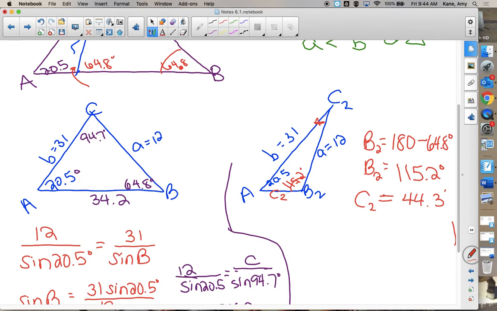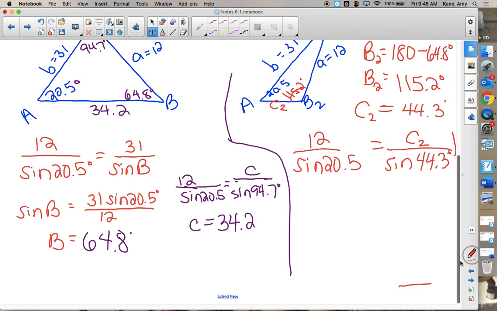So the last thing that we need to find is side C2, and I'm going to go through it really quickly. In order to find that, we need to take the initial side, 12 over the sine of 20.5. Place that equal to the little side over the sine of that angle that we just found, 44.3. So the 2 triangle case is a big problem.